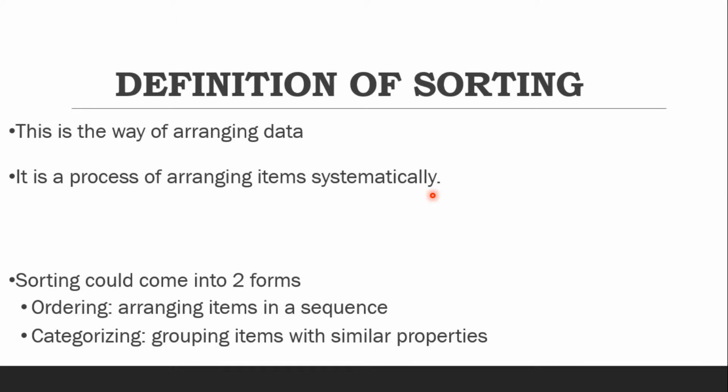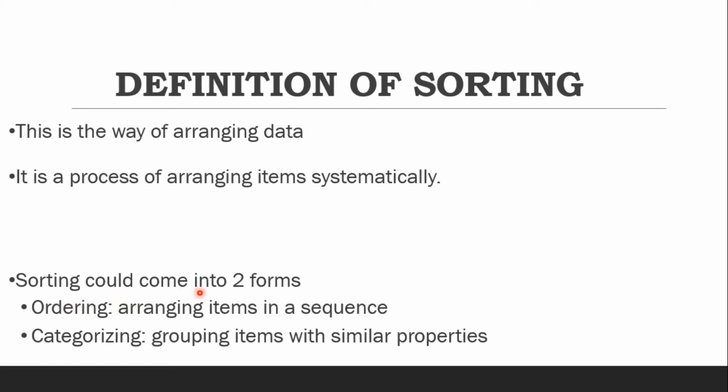But there may be a need at some point to rearrange the data to follow a particular order. Now we are going to see how that will happen. But for you to rearrange or arrange data, you are sorting the data. So the right term for arranging data is sorting data.